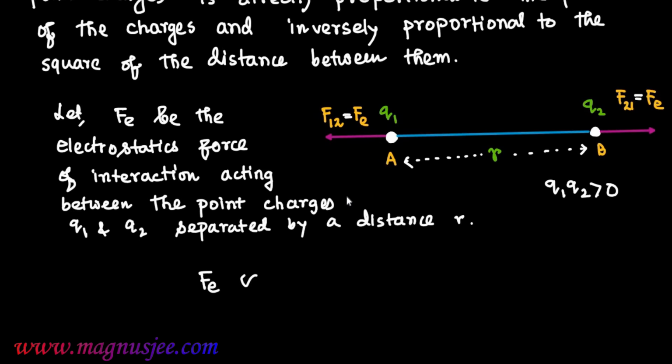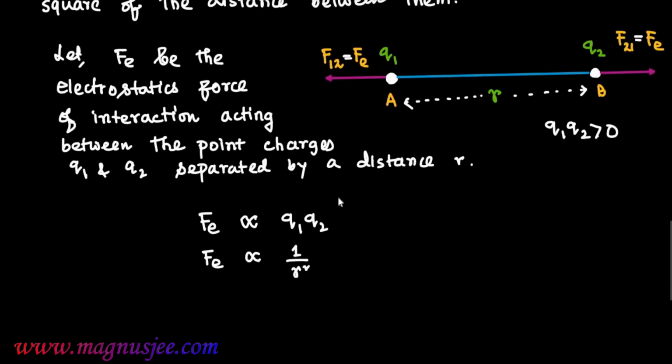Now Fe is proportional to Q1 times Q2, the electrostatic force of interaction between the two point charges, and Fe is proportional to 1 by R square. Therefore Fe is proportional to Q1 Q2 divided by R square.